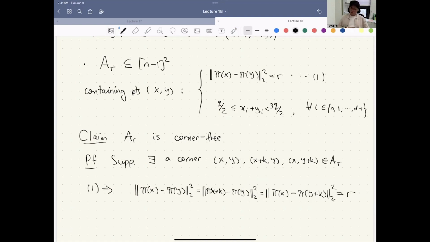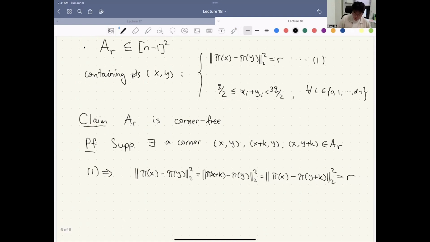They are all r. Okay, no problem. Let's prove a subclaim. We claim that the subclaim, call it identity 2, is that pi of x plus d and pi of y, their sum is the same as the vector pi of x plus the vector pi of y plus d. This is natural.